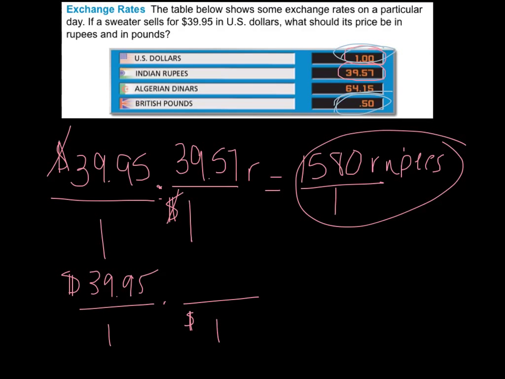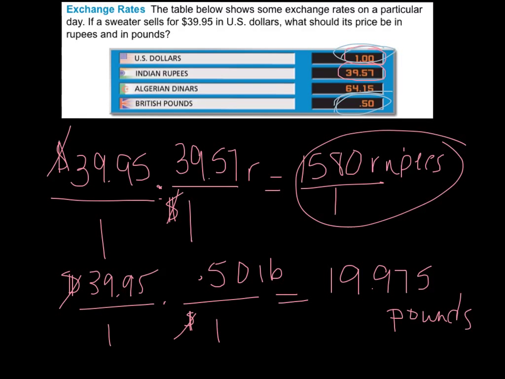For $1 gives me half a pound. Go ahead and multiply. Dollars cancel, and I'm left with 19.975 pounds.